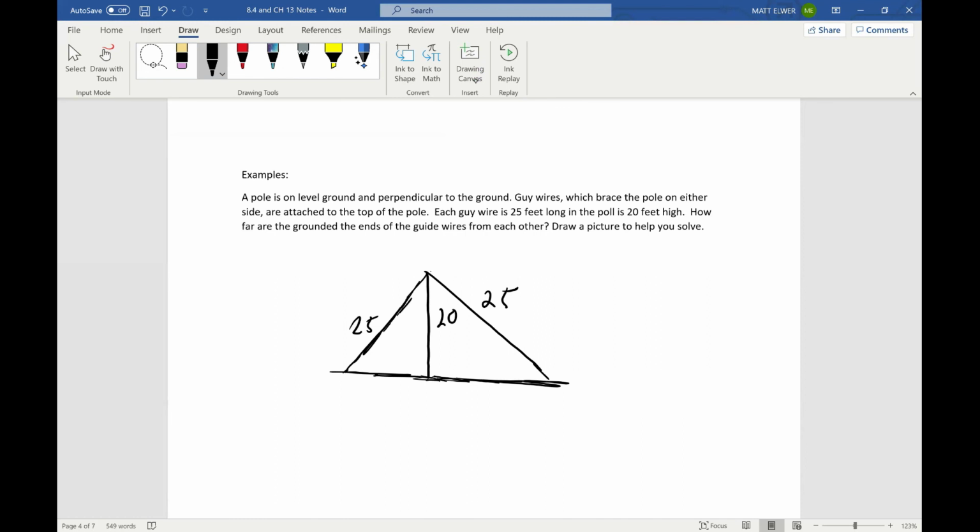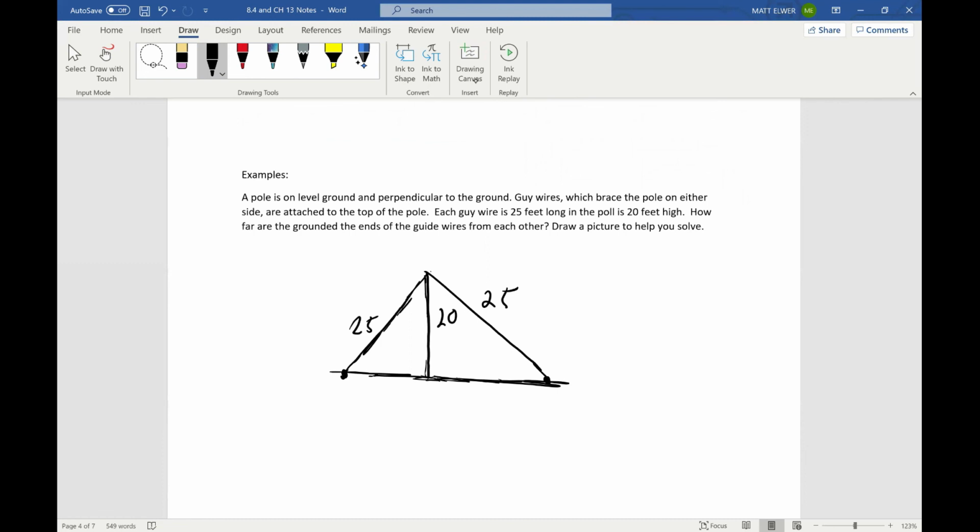And then it says, how far are the grounded ends of the guy wires? So how far is this point right here from this point over here? And notice that we have two completely identical triangles, a triangle here on the left and a triangle here on the right.